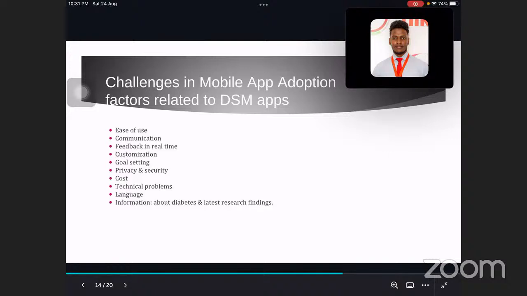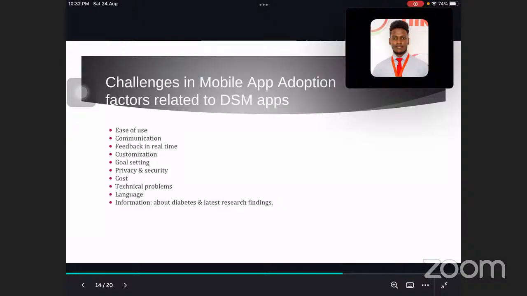All are important factors in the application to be used and adopted by the patient, as well as technical problems. If the application continues to have technical problems, it is very unlikely to be used or adopted by the patient. Language, as we mentioned, applications that provide multi-language features and the native language of the patient would be more likely to be adopted by the patient themselves.